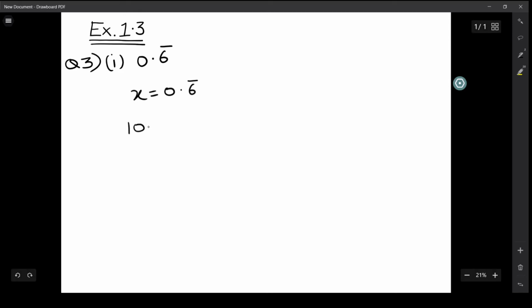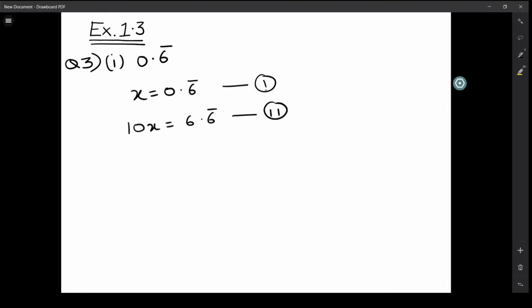So we'll multiply 10x on both sides of the equation, and this is what we will get. And then we'll label these equations, equation number 1 and equation number 2, and just subtract equation number 2 from equation number 1.